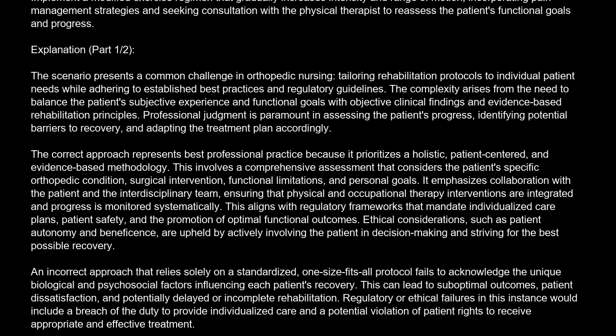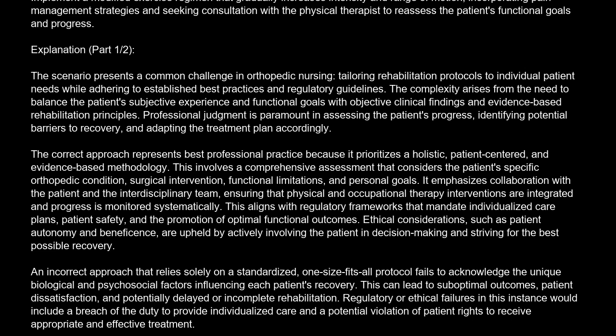It emphasizes collaboration with the patient and the interdisciplinary team, ensuring that physical and occupational therapy interventions are integrated and progress is monitored systematically. This aligns with regulatory frameworks that mandate individualized care plans, patient safety, and the promotion of optimal functional outcomes. Ethical considerations, such as patient autonomy and beneficence, are upheld by actively involving the patient in decision-making and striving for the best possible recovery.